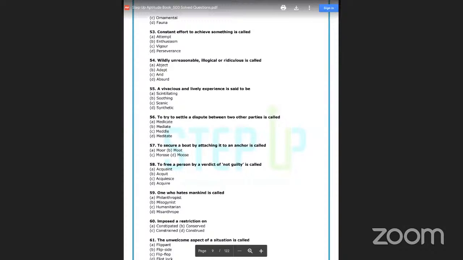Okay, next is to secure a boat by attaching it to an anchor is called what? Yes, if you don't know, look at it.